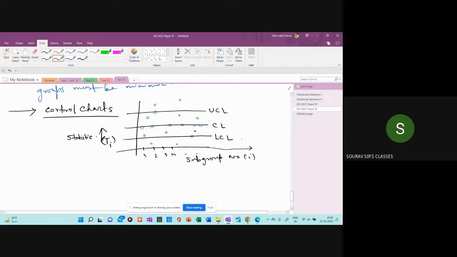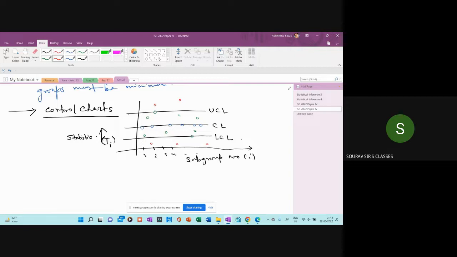But points falling outside the upper and lower control limits, the red ones, do not pass the quality test and will not be marketed. These lots cannot be marketed because they have not qualified the product quality test. This is how control charts work as a process monitoring technique.